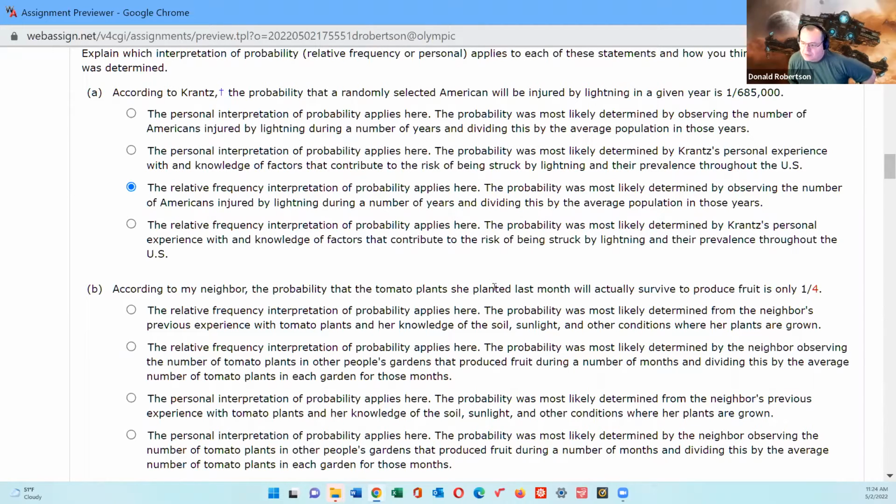I think that's how you came up with that number, right? And this choice, the relative frequency, the probability was more likely determined by observation rather than personal experience. So I am going with that one, not his personal experience.